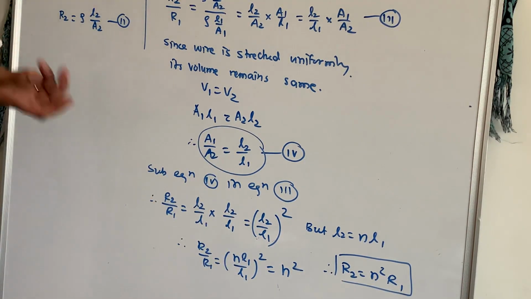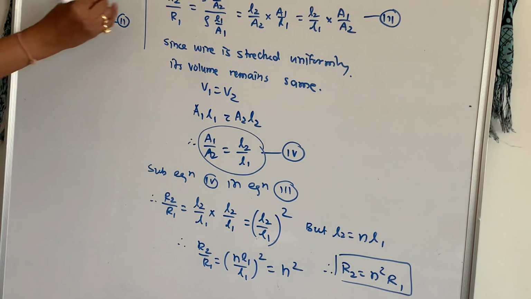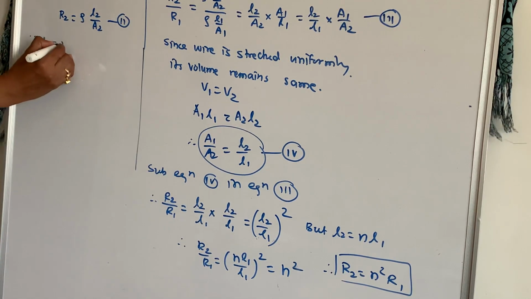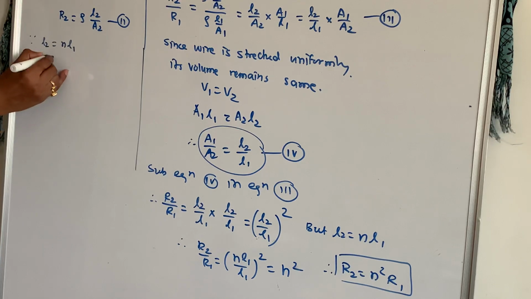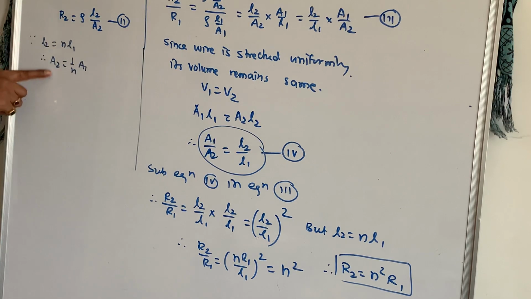But when you use this in numericals, you can't go by all this method. There is a shortcut. Since length L2 is n times L1, obviously area A2 is 1 by n times A1. So if the length is doubled, area is 1 by 2. If the length is n times, area will be 1 by n times. Just substitute this value.